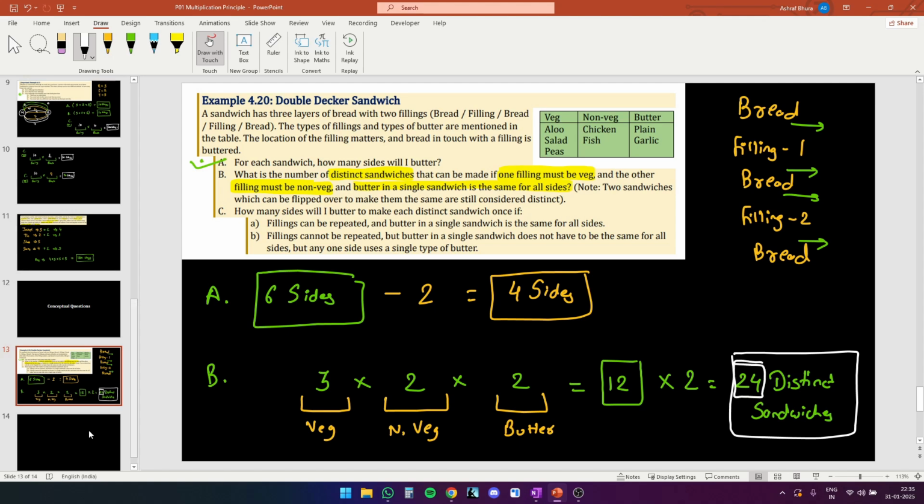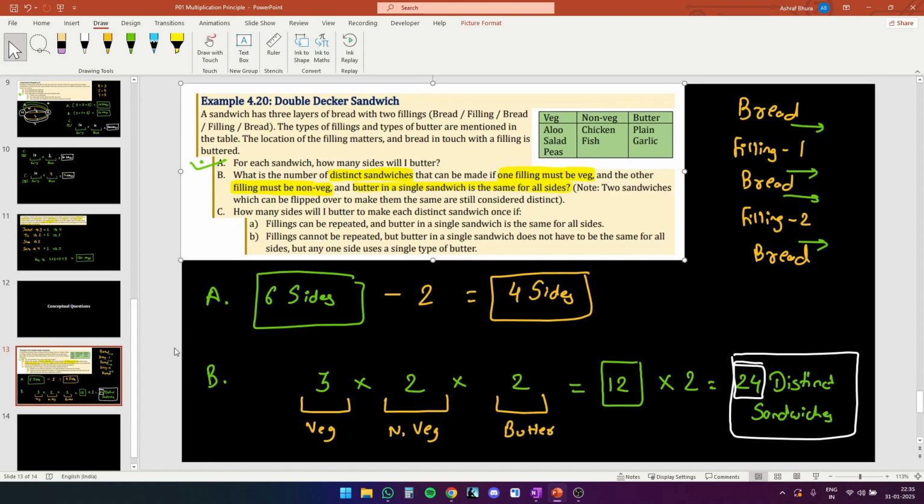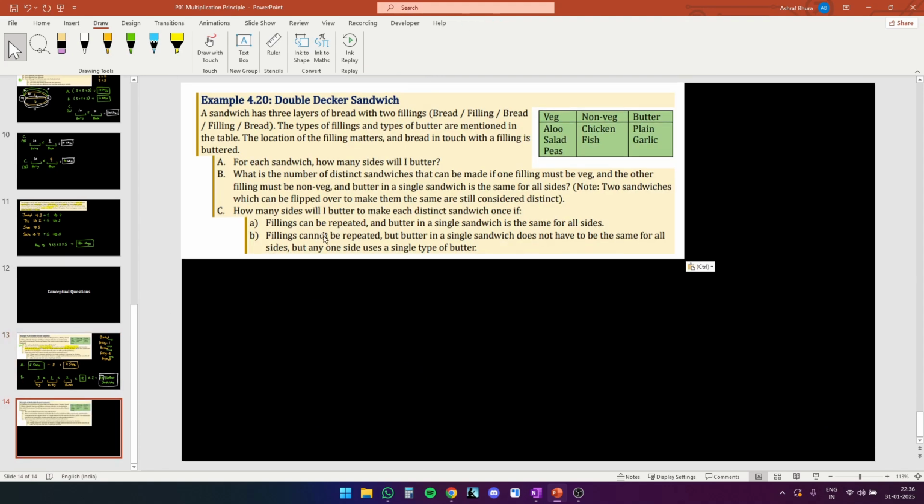Okay, next part. How many sides will I butter to make each distinct sandwich once if fillings can be repeated and butter in a single sandwich is same for all sides? Okay, now what is to be considered here, that fillings can be repeated and butter in a single sandwich is the same for all sides.